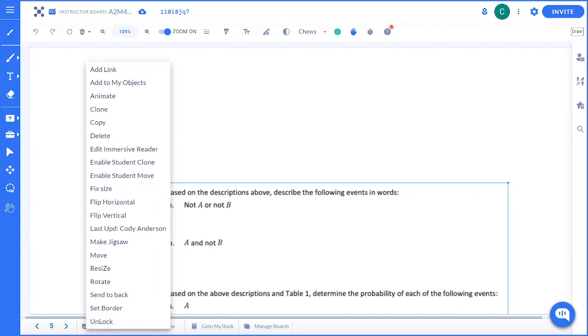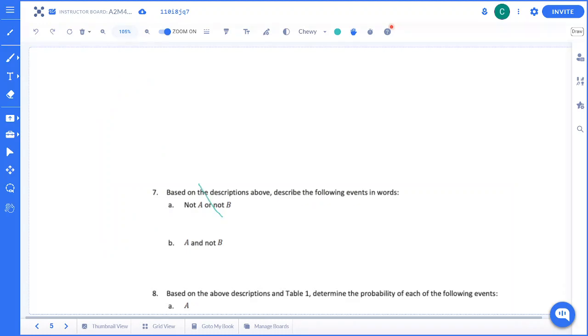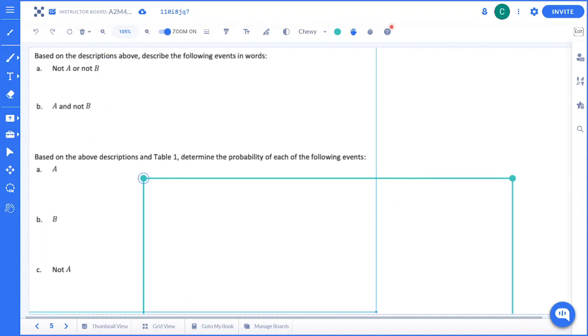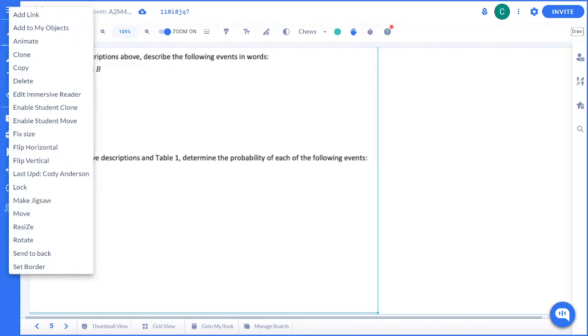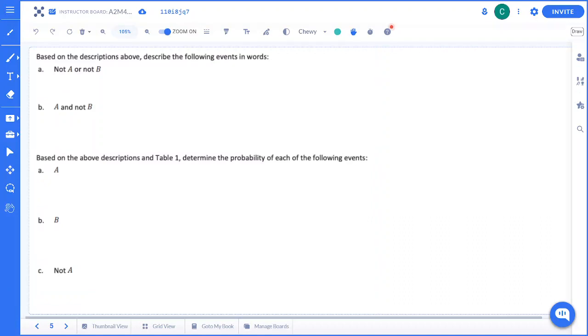So we're going to describe these events in words when we're talking about not A and B, not A or B. So if we say not A, if you remember what we just talked about, not A would mean that it is male, because A was female.